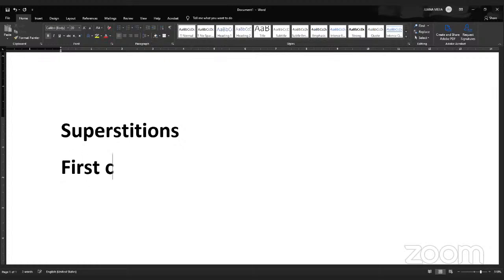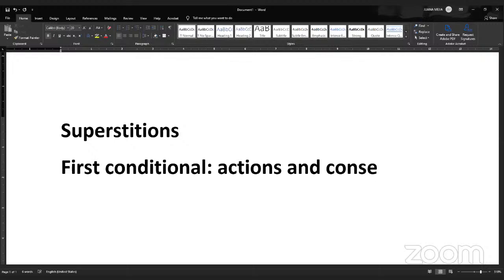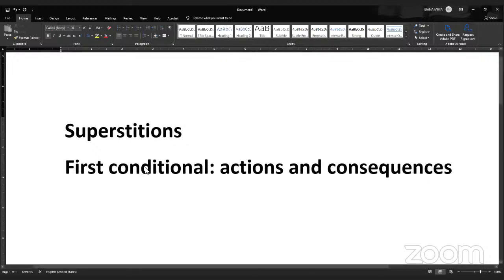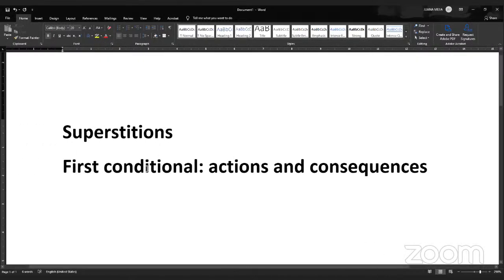For better understanding, we're going to use Ecuadorian superstitions, then we can check those from other countries. Probably some of you are pretty young to understand superstition, but those who were born in the 80s or 90s understand what we're talking about.